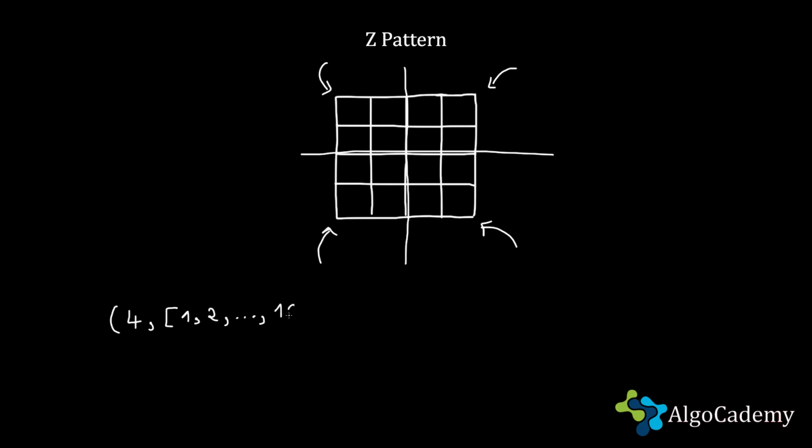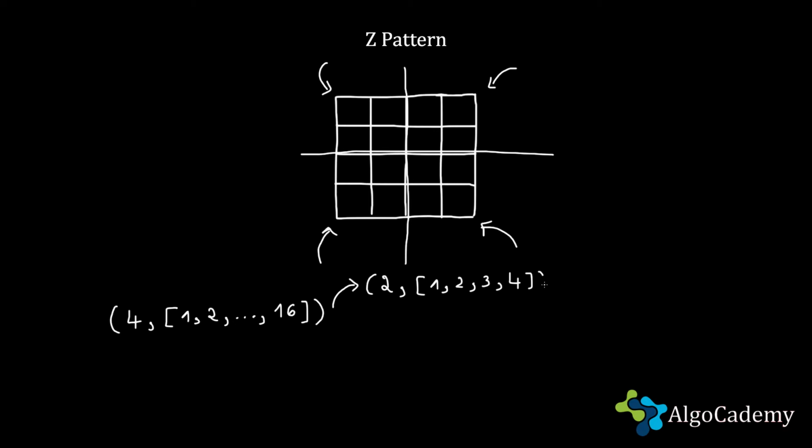From this initial problem, we are moving to other subproblems. And what are they? The first subproblem is, of course, the first quadrant, which is a square of length 2, which needs to be filled with the values 1, 2, 3, 4.